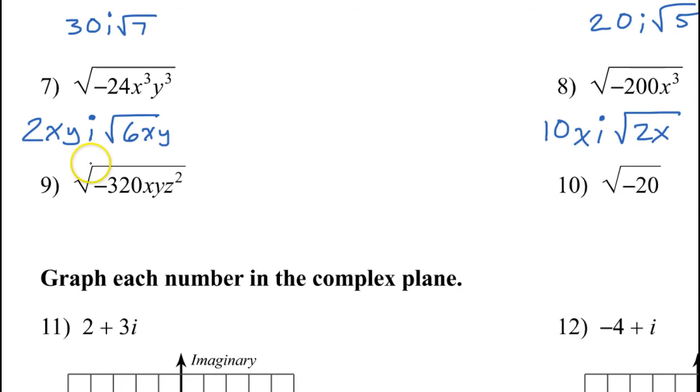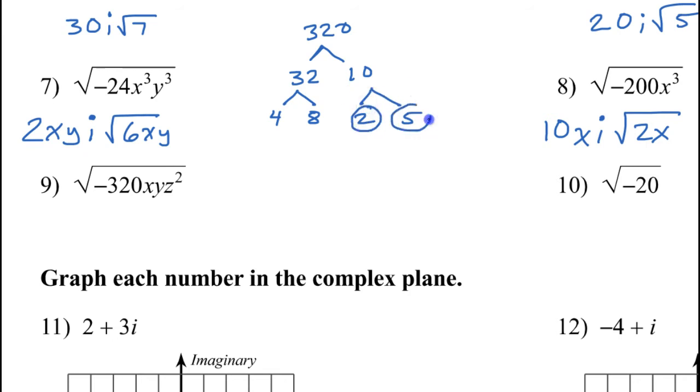Alright, just for fun, I think I will use my factor tree method on 320. So here's 320. That 0 on the end means this can definitely be factored as 32 times 10. Now 32 is 4 times 8, and 10 is 2 times 5.